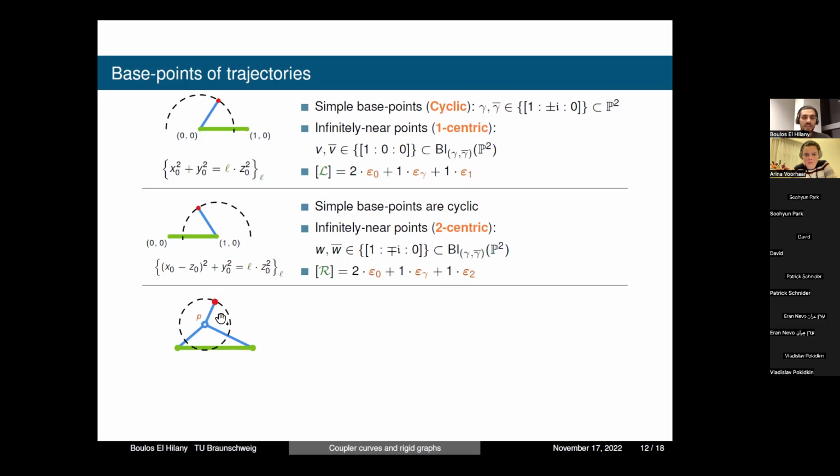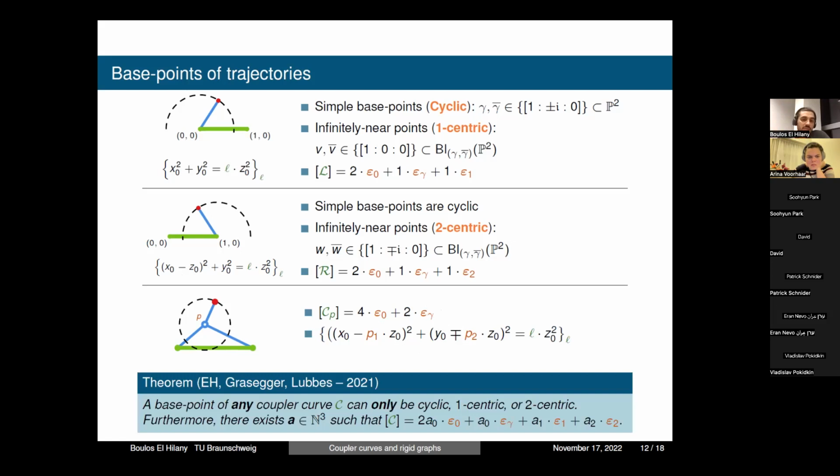It is actually a union of two circles, because if I take this triangle, it gives me a circle, and then I flip the triangle down, and it gives me another family of realizations. So now I have 2 times the same circle. This means that I have degree 4, and I actually have 2 times epsilon gamma, because it intersects only the cyclic points as base points.